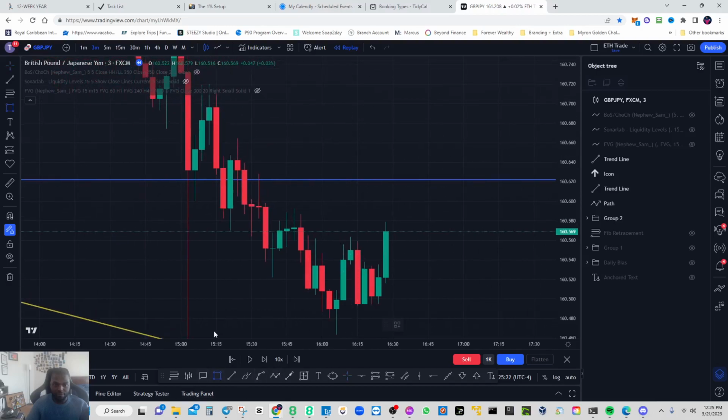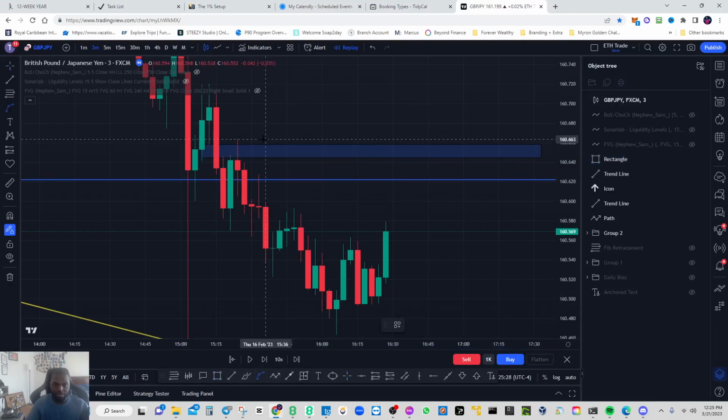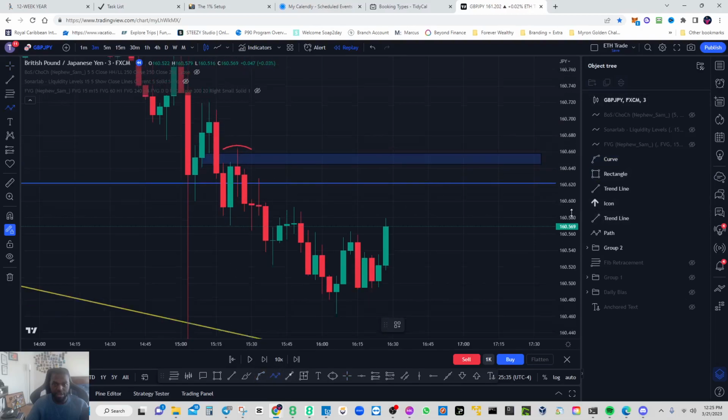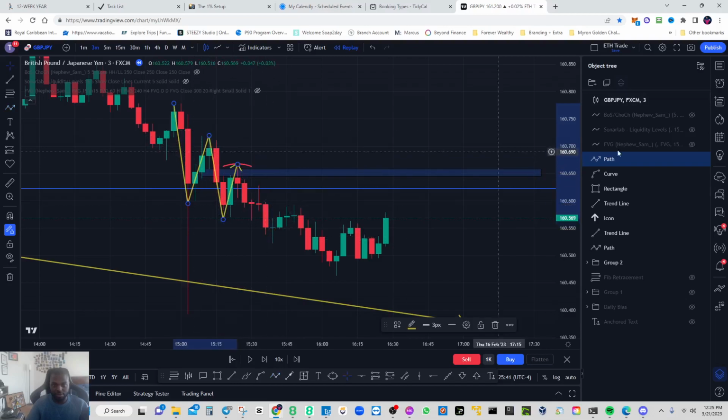I see one right here. And then I see my intermediate high, which is that high right there. It came up, came down. You can draw market structure if you want. I highly recommend you draw market structure. You don't have to, but if you can't see structure and you cannot see that high, you should draw market structure.